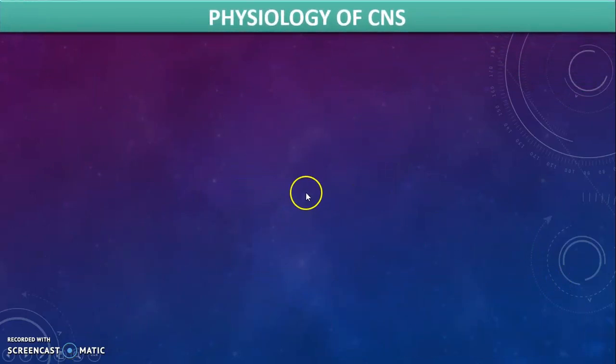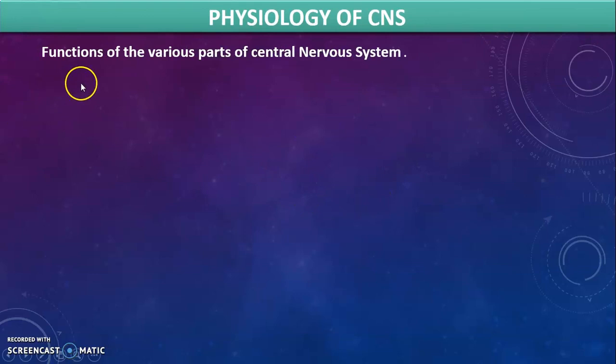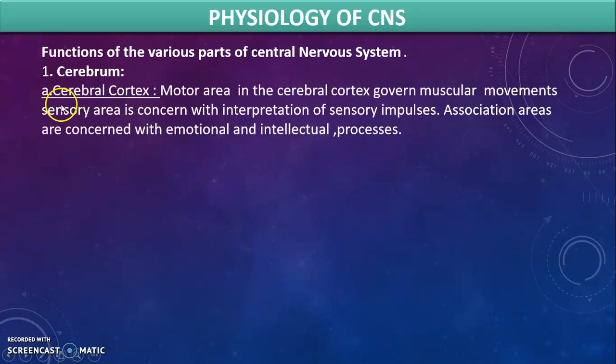Then we see the physiology of the central nervous system. In the physiology, first of all we see the functions of various parts of the central nervous system. The first part of our central nervous system is the cerebrum. The cerebrum is divided into three parts. First is the cerebral cortex, which has a motor area that governs the muscular movement.